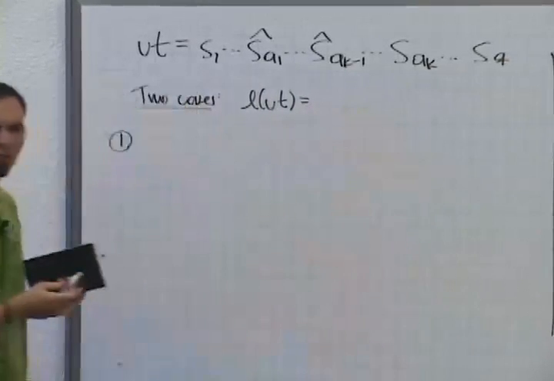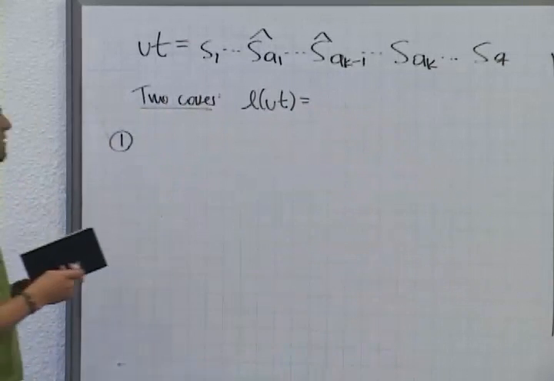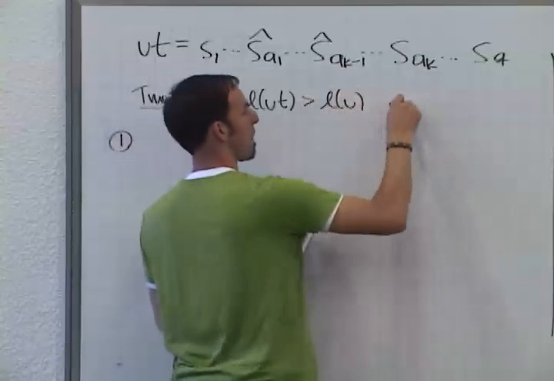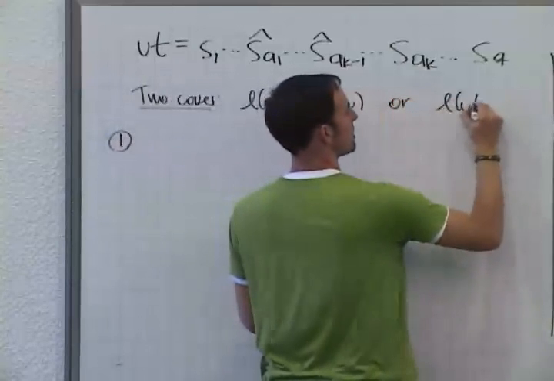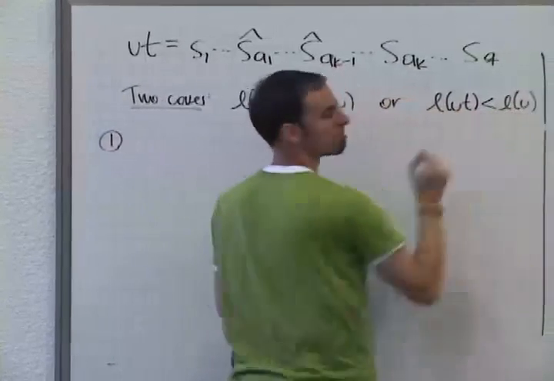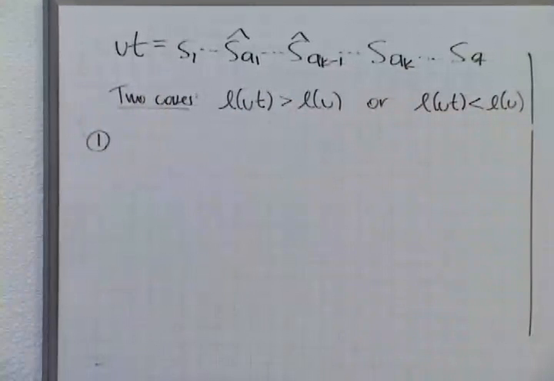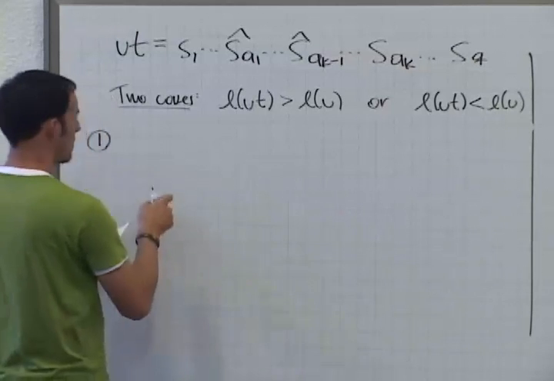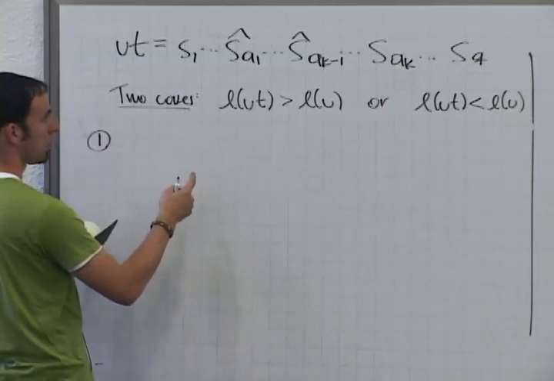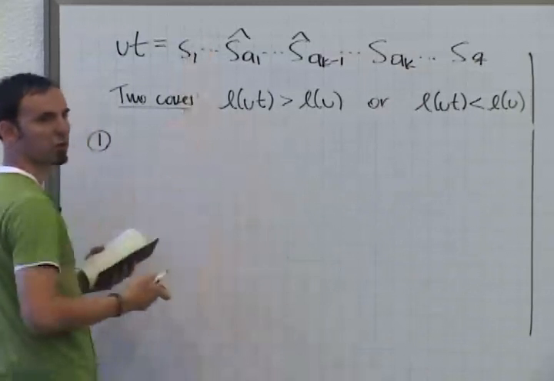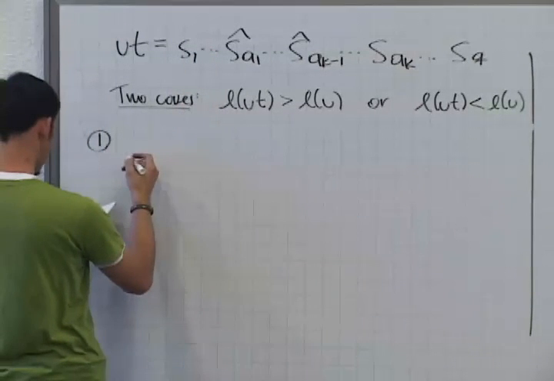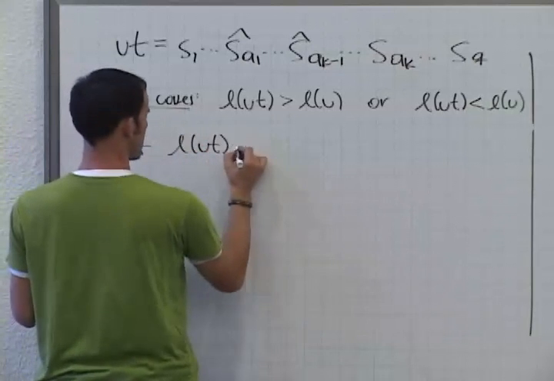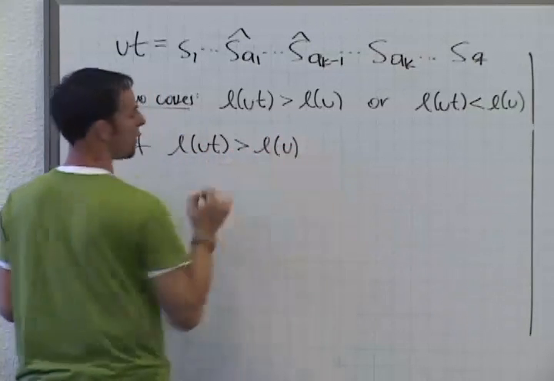Is that true? No, that's not true. So when I multiply this, it either became longer or shorter. So first, let's assume that it became longer.